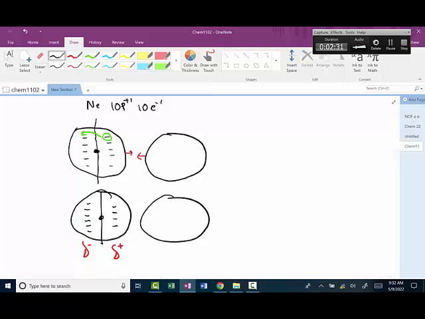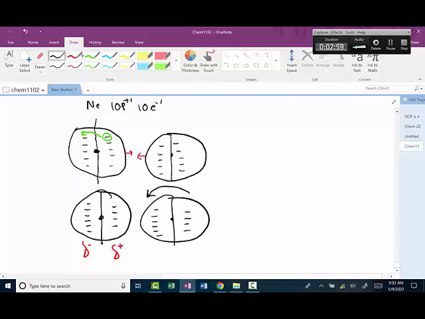So what does this do to this atom over here? Now this atom is sitting here with 5 and 5. Now we have a positive charge, so it's going to attract an electron from our right side over to our left side. And so we end up with 6 and 4.